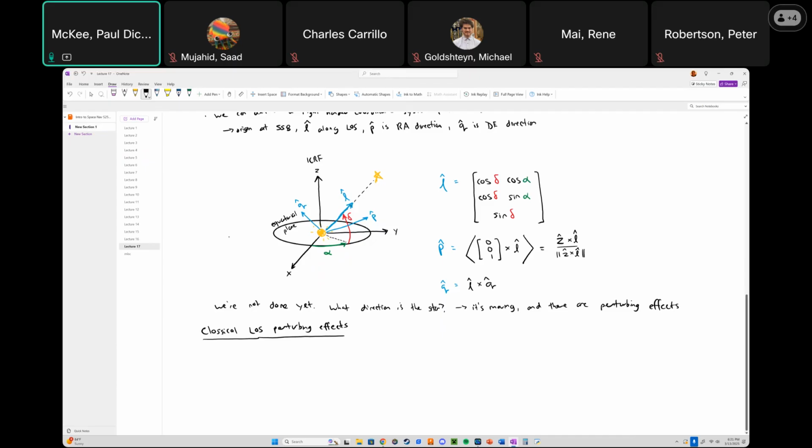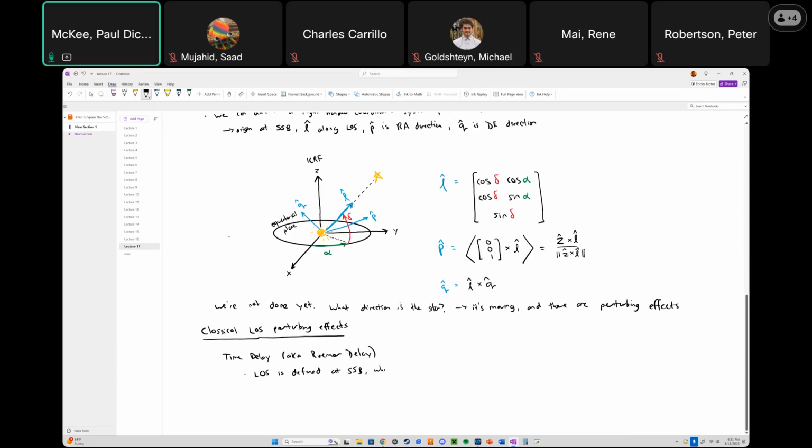Okay. The first is time delay, which is sometimes referred to as Romer delay. So line of sight is defined at the solar system barycenter.